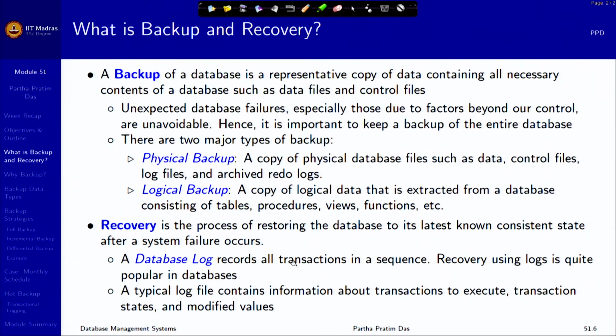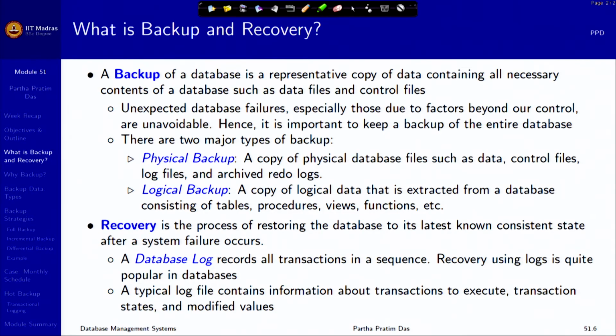Certainly, we all know the importance of backup. It does not have to be a database for which we have to specifically look for backup. We all back up our files, our file systems, and if we fail to do that, then we lose them.